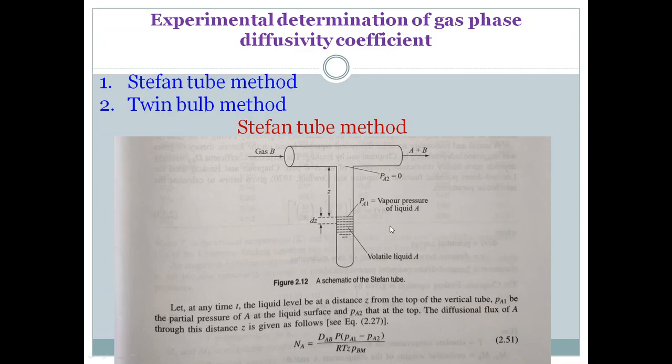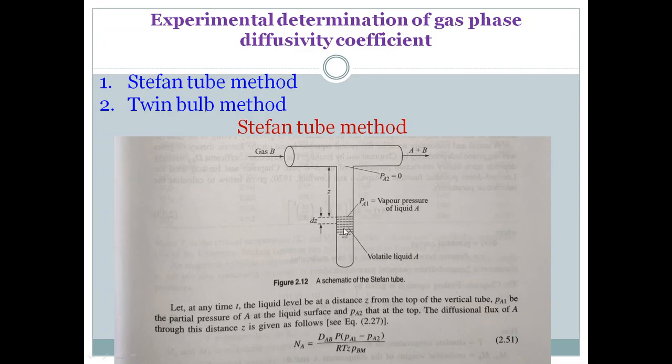Now let's take time 0, when we have a liquid here, and after time dt, let's say the liquid falls by dz. Let's take dt as, say, 1 minute. For time dt, the liquid level will drop because the acetone or solute is diffusing from this tube to the gas at steady state.